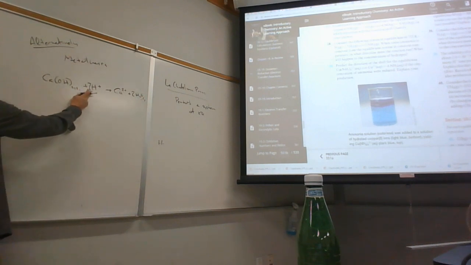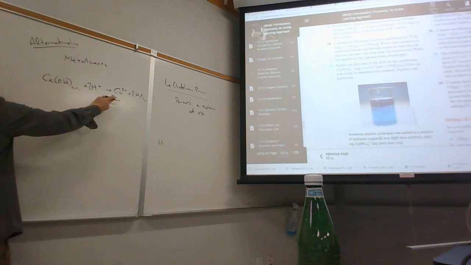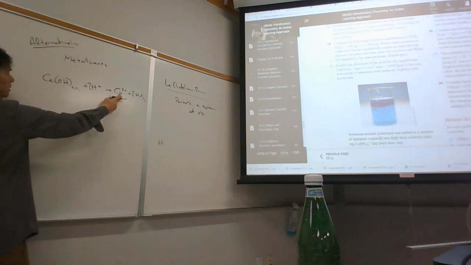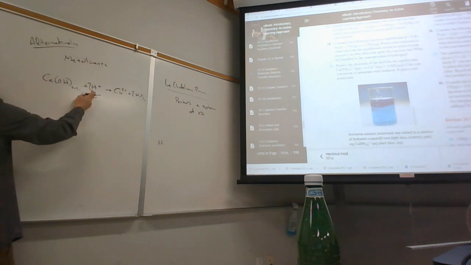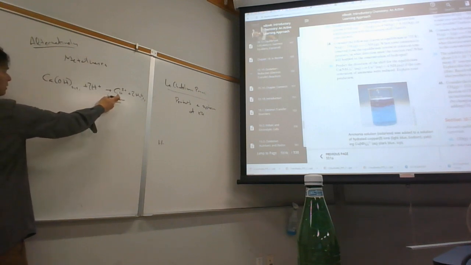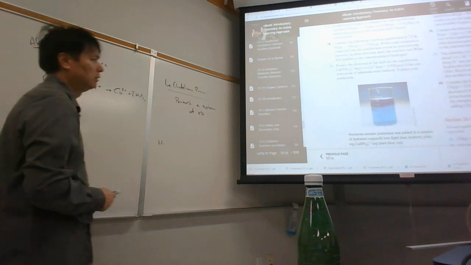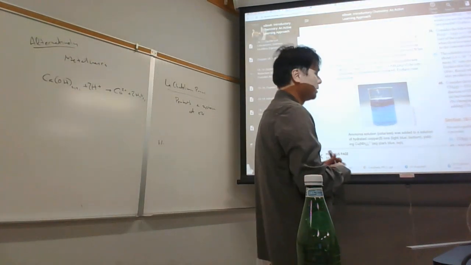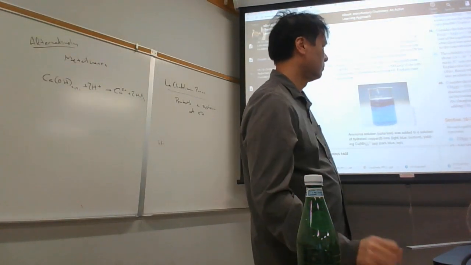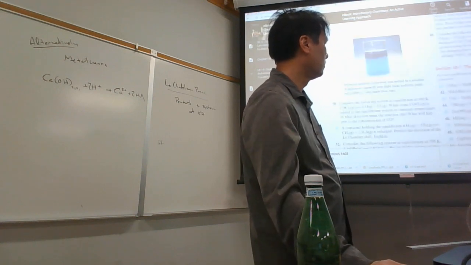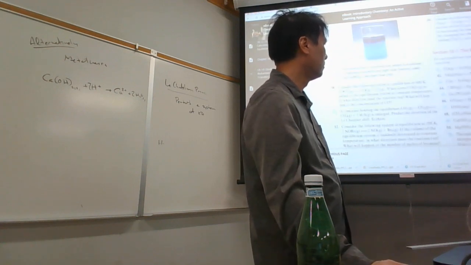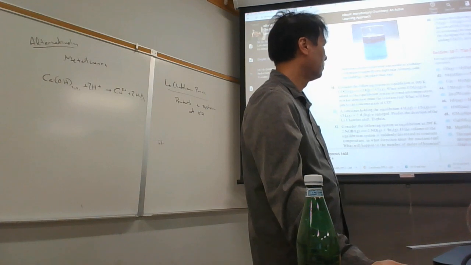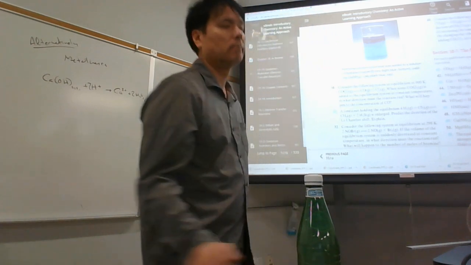For example, if the acid were hydrochloric acid, we'd form calcium chloride. If the acid were nitric acid, we'd form calcium nitrate. If the acid were hydroiodic acid, we'd form calcium iodide. So this is a metathesis reaction. The way I look at metathesis is it's like an umbrella term to gas formation, solid formation, and precipitation.